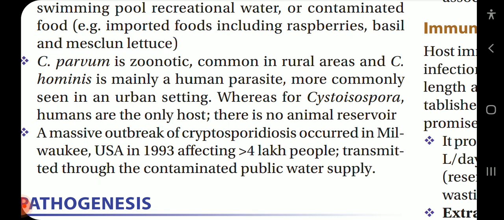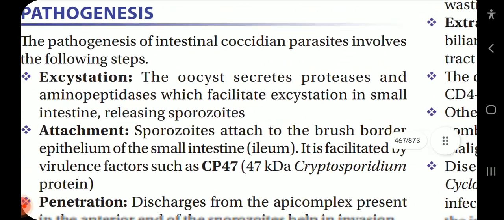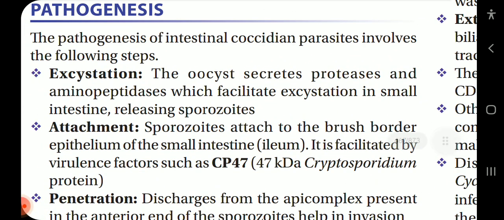A massive outbreak of cryptosporidiosis occurred in Milwaukee, USA in 1993, affecting more than 4 lakh people, transmitted through the contaminated public water supply. Now, coming on to pathogenesis, the pathogenesis of the intestinal coccidian parasites involves the following steps. Excystation first: the oocyst secretes proteases and aminopeptidases which facilitate excystation in small intestine, releasing sporozoites.